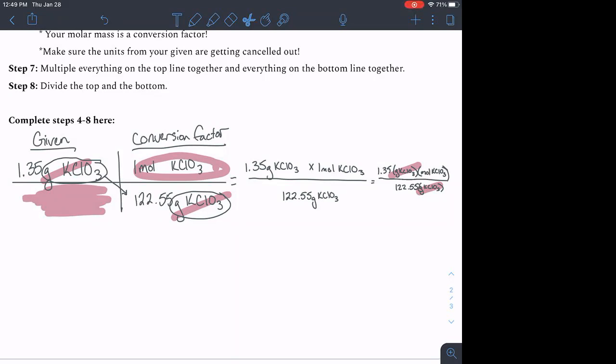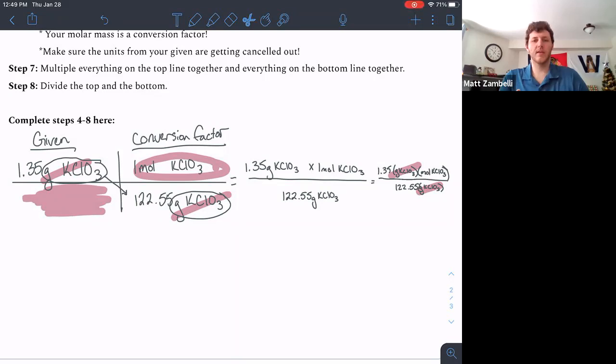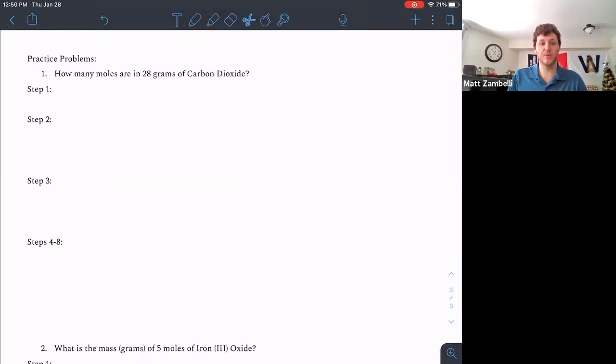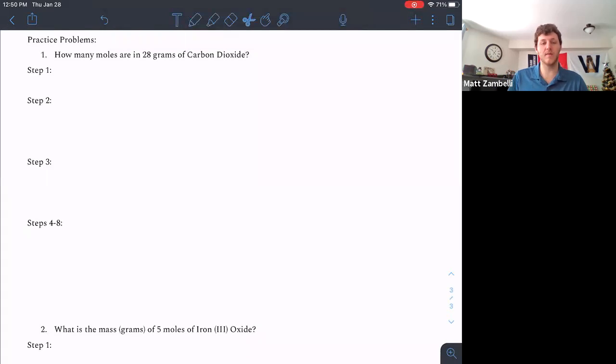Decent. All right. So for the rest of class today, you've got two options. We have a formative, and that formative is just on finding the molar mass. You can finish that up today and then work on this tomorrow at the beginning of class. Or you can finish up these two problems down here.